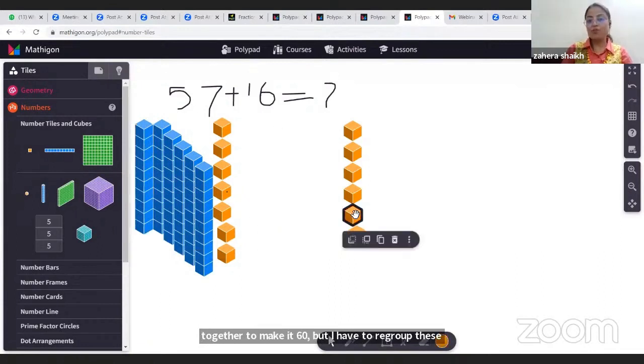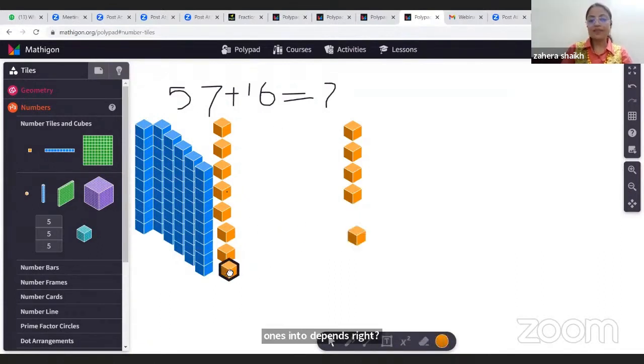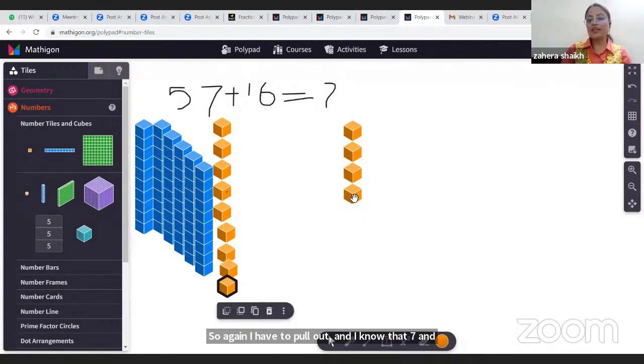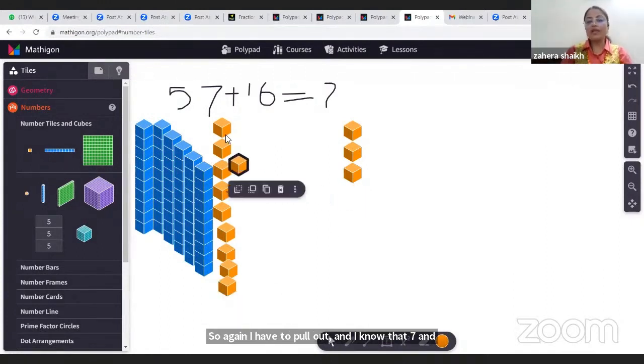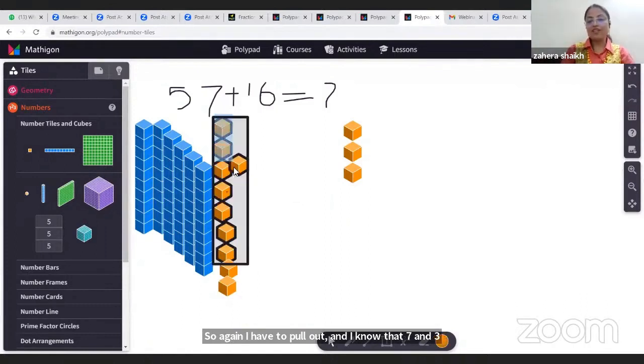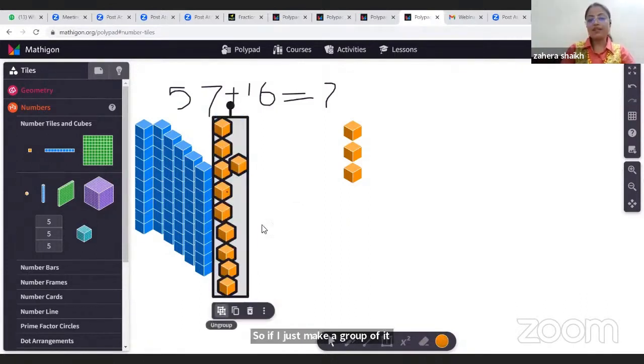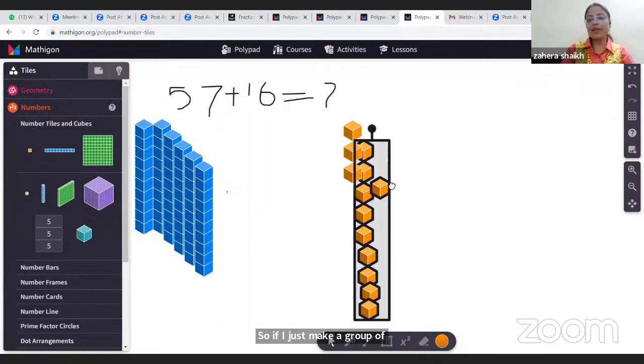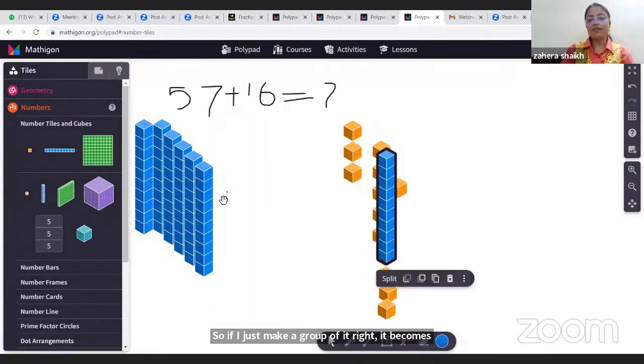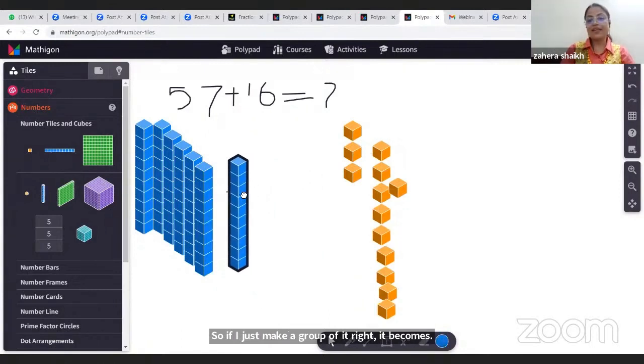So again I have to pull out, and I know that 7 and 3 together can make 10, right? So if I make a group of it, I can replace this with 10, right?